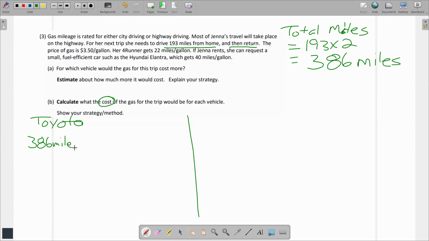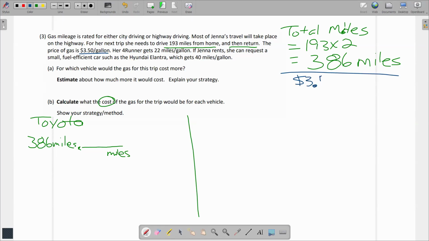Okay. So my fraction, if I want to get rid of miles, has to have miles in the bottom. And let's see, other information I know, I'm just going to write it off to the side here. Gas is $3.50 per gallon.